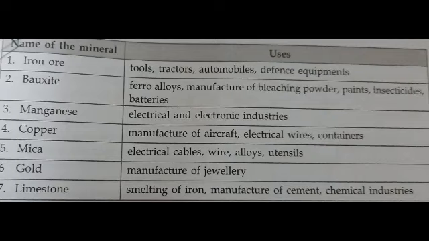Limestone is used for smelting of iron. Iron is heated at very high temperature so that it can be molded into various forms and shapes. Limestone is also an important ingredient in the cement industry and the chemical industries.